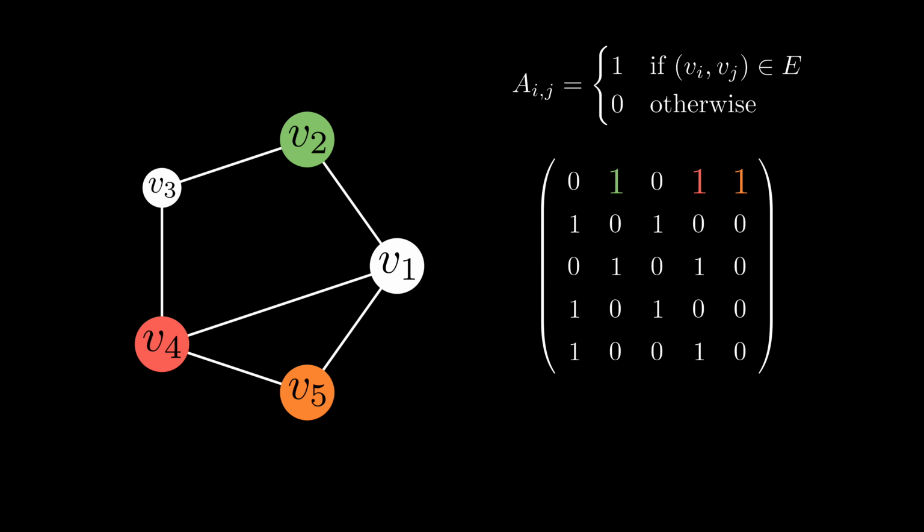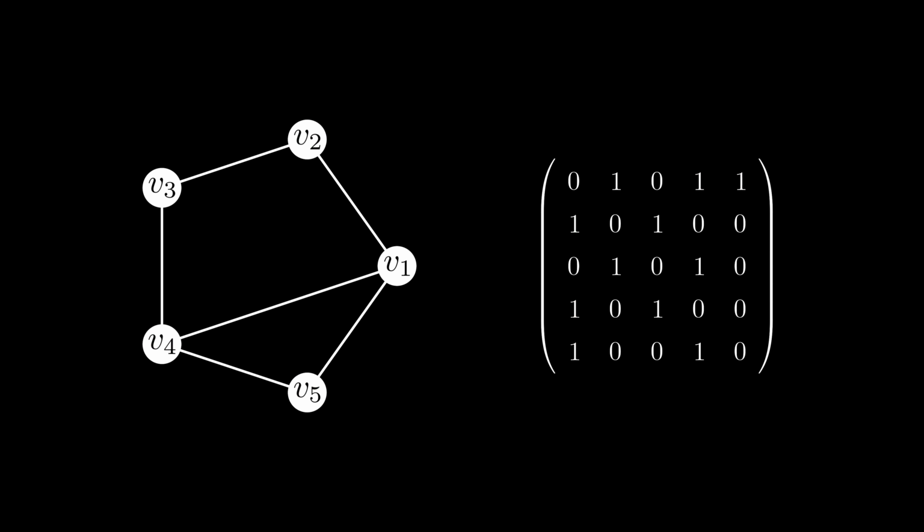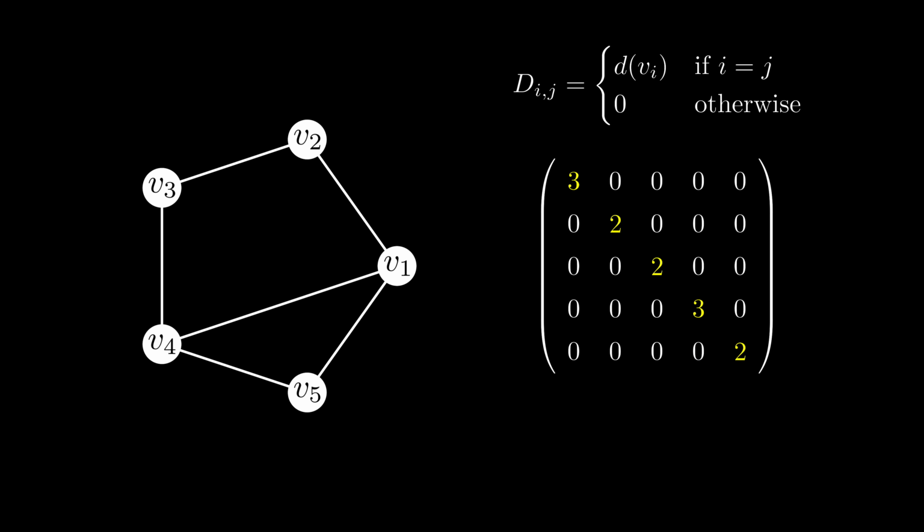Because connection is mutual, the first column is exactly the transpose of the first row. If we sum each row of the adjacency matrix and align them along the diagonal line, we get the so-called degree matrix. A lot of information is lost during the summation process. This agrees with our observations that you cannot use the degrees to construct the graph.